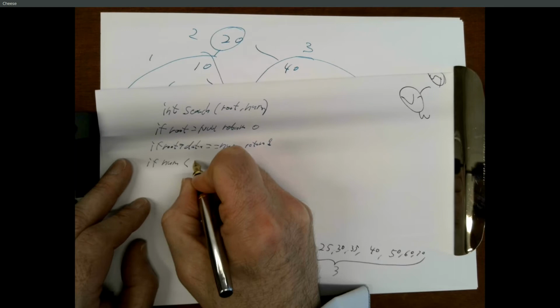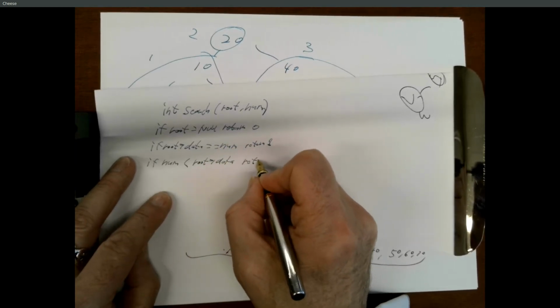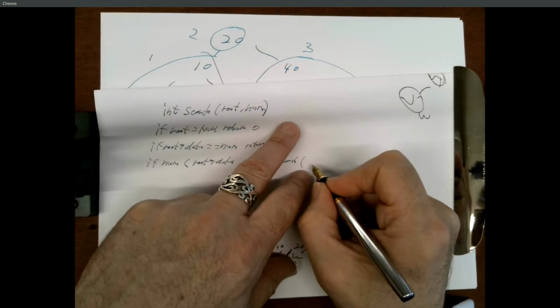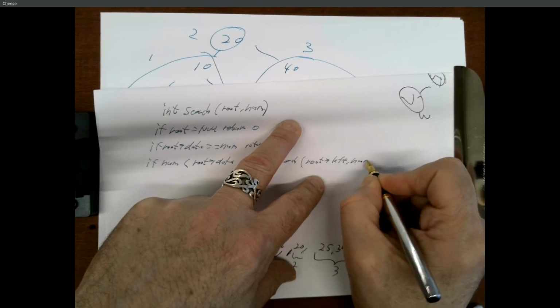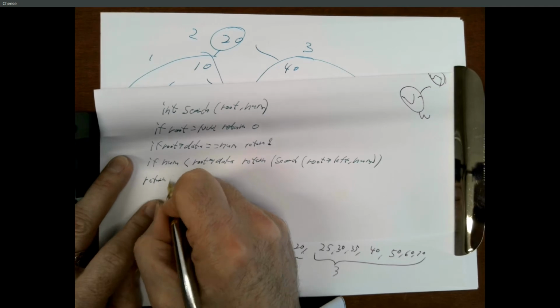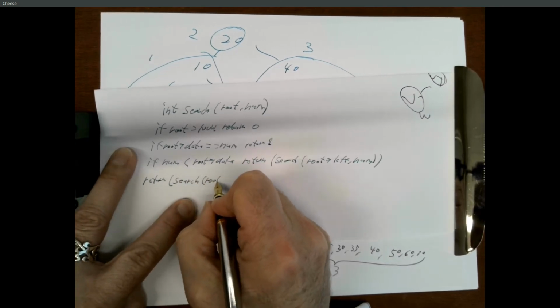If our number is smaller than the root data, then return search root left, comma number. Otherwise, do your recursive call on the right and return the result of that.